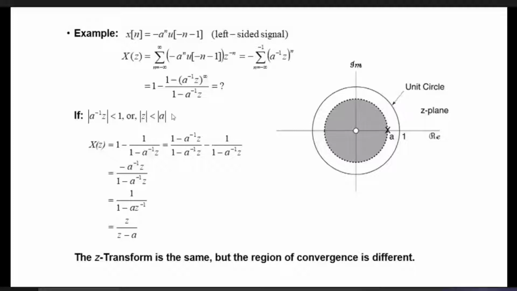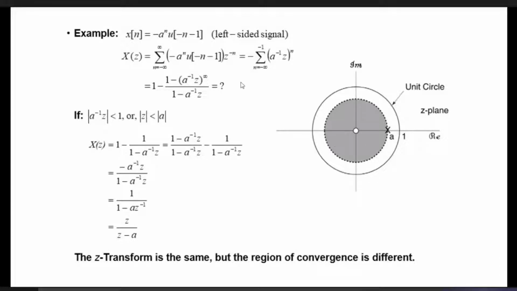z is a complex number, r e to the power j omega, so r is the radius of the circle formed by the phasor. That radius is less than a, so it represents the area inside a circle.